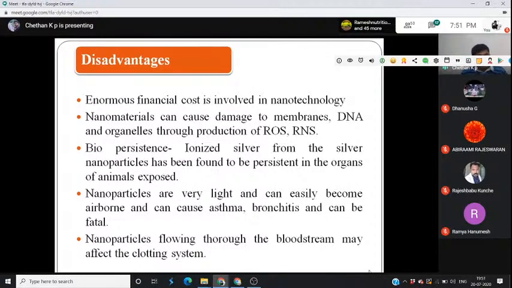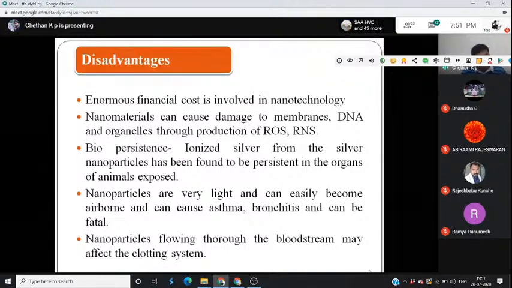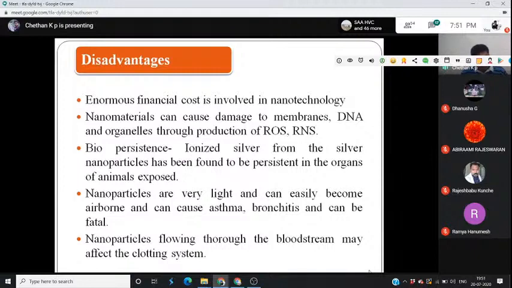But with regard to nanotechnology, a lot of research has been going on in other areas, maybe in baby foods, human foods, cosmetics, paint technology, electronics, where they could find some disadvantages of this nanotechnology. The very first and foremost is the enormous financial cost involved in nanotechnology, because it has to come to the market first.